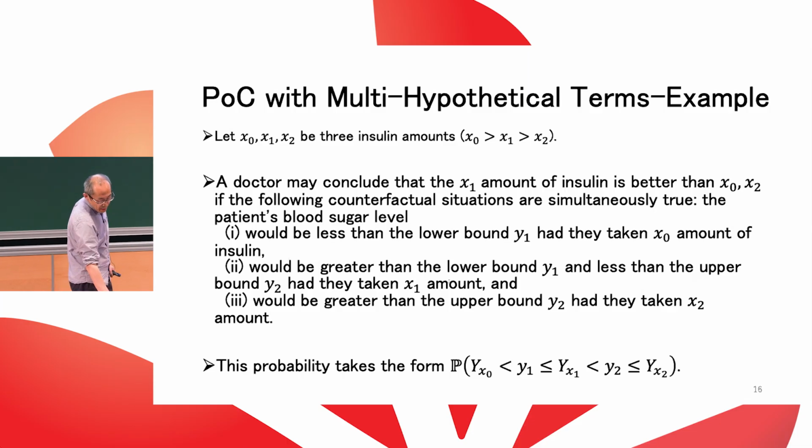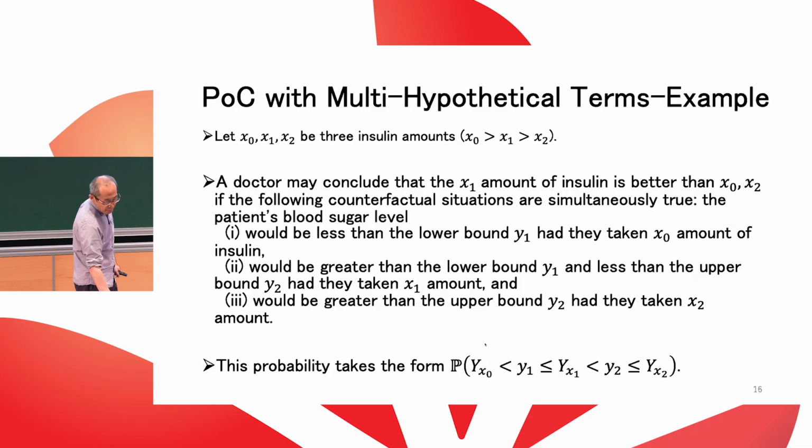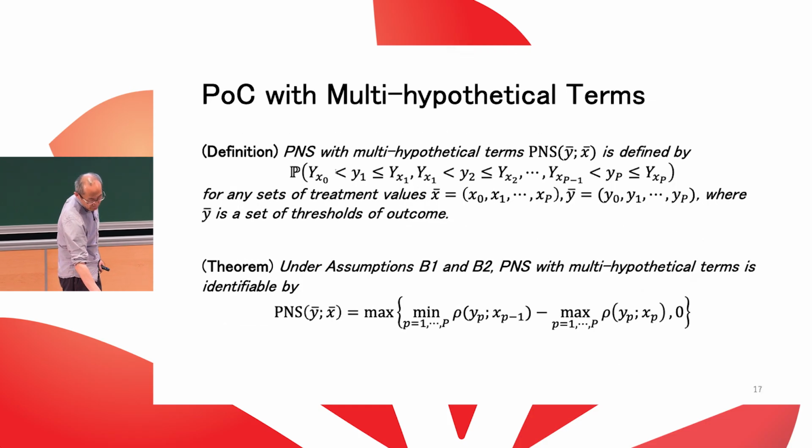We would be interested in asking what's the probability of this counterfactual statement. So we call this the PNS with multi-hypothetical terms. In general, we might consider multiple such counterfactual statements.